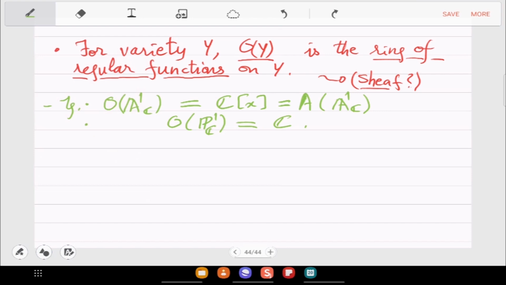Yeah, maybe I should give another example, just to test you. So consider the following function. Okay, it's a map. It's defined on the projective line.